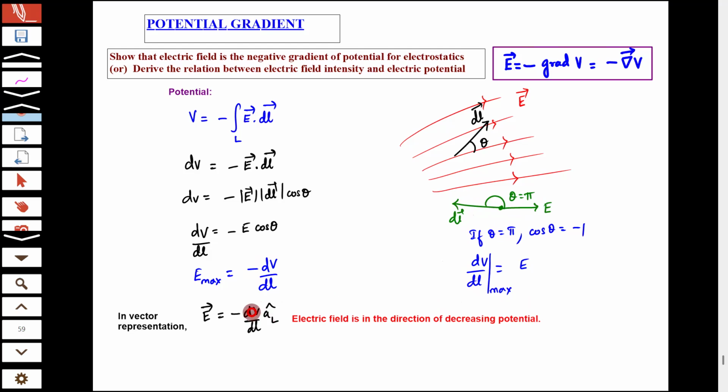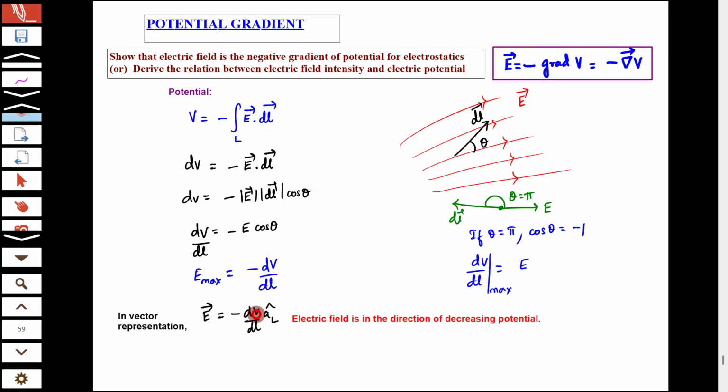Minus dV by dl indicates potential variation with respect to L, which is negative, meaning decrease of potential with respect to distance. Minus dV by dl talks about decrease of potential with respect to distance. Thereby, we can also say electric field is in the direction of decreasing potential with respect to distance.